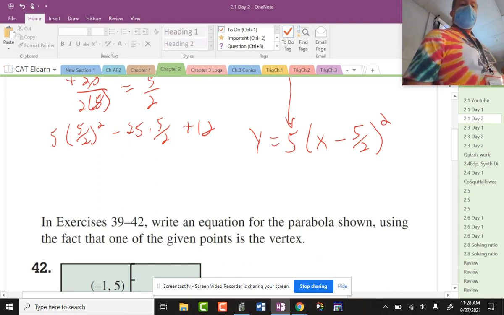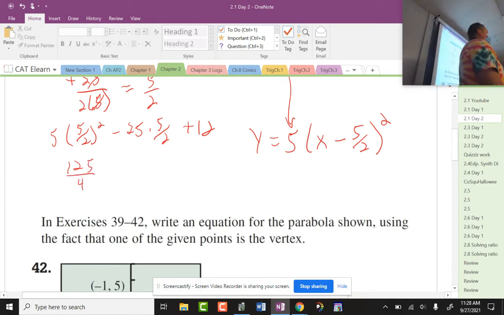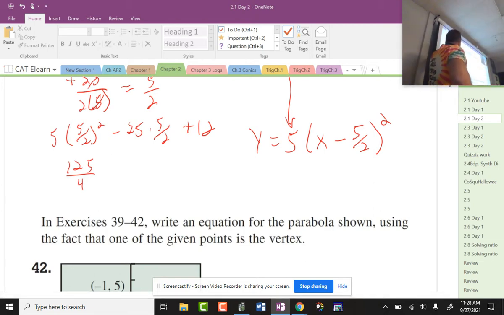All right, this is 25 fourths times 5, which is 125 fourths. I'm trying to speed this up. Okay, so 5 squared is 25, 2 squared is 4. Then 25 fourths times 5 is 5 times 25 up on the top. That's how you multiply fractions. So I squared first, then I multiplied.